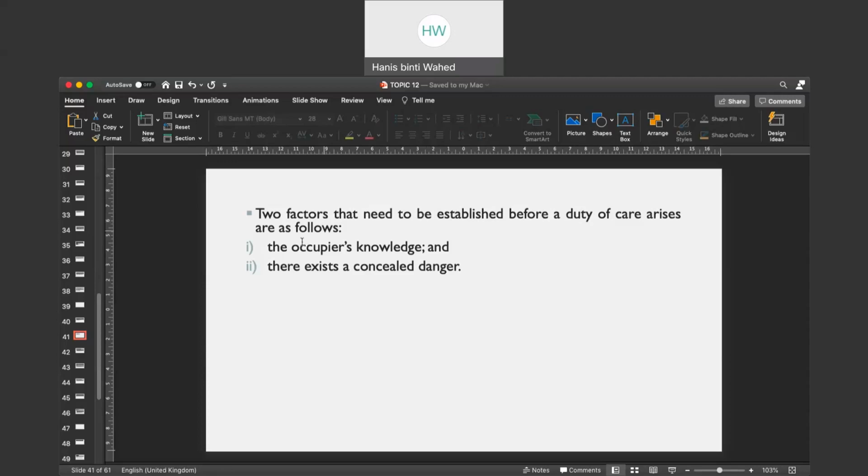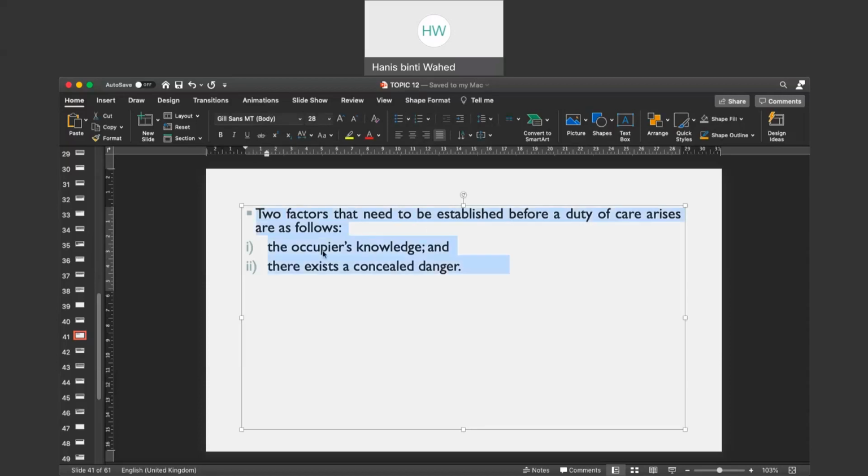The two factors, as you guys can see here, first, the occupier's knowledge. Okay, maksudnya occupier knows about the danger ataupun ought to have known about the existence of the danger. Okay, so the term knows about the danger ni means that the occupier ni, they have the knowledge of the existence of the danger.